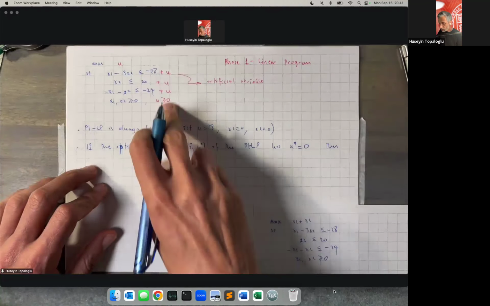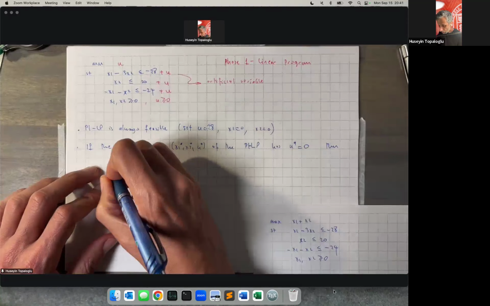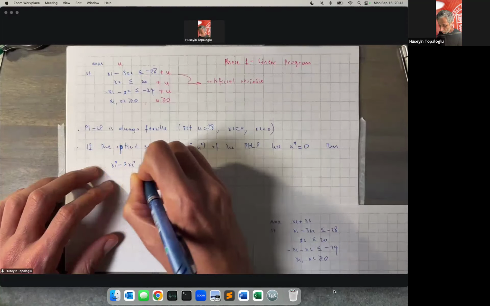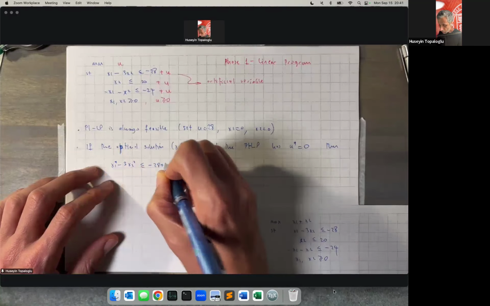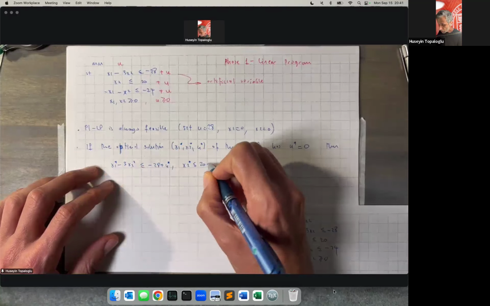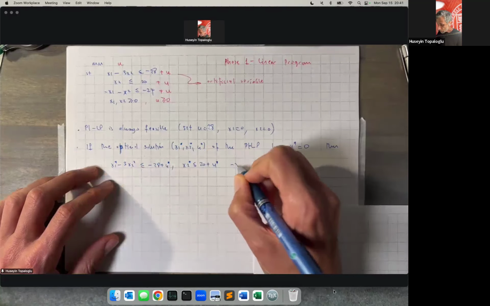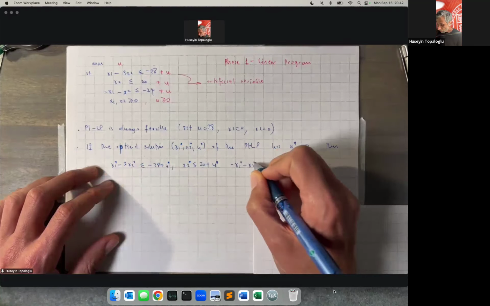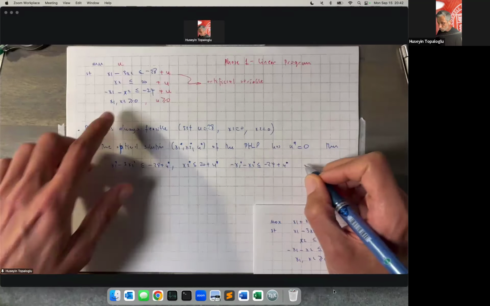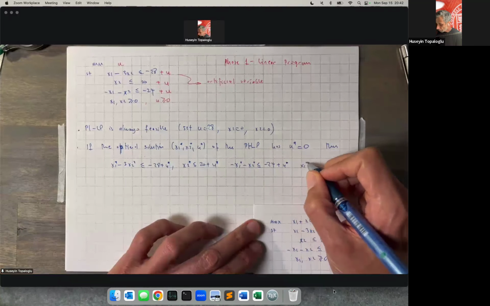This optimal solution has to satisfy all of the constraints in the phase 1 linear program. It's going to be x1 star minus 3x2 star has to be less than or equal to 28 plus u star. x2 star has to be less than or equal to 20 plus u star. Minus x1 star minus x2 star has to be less than or equal to minus 24 plus u star. And x1 star, x2 star have to be non-negative.